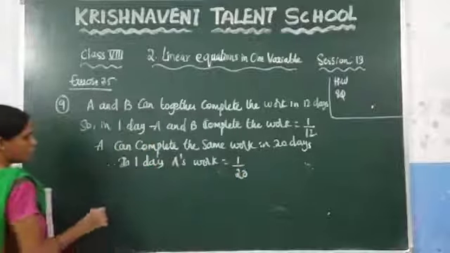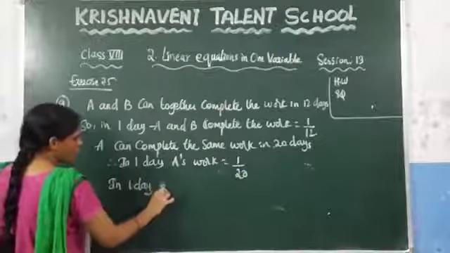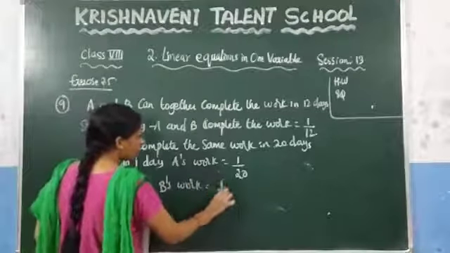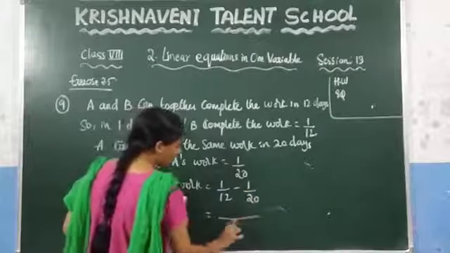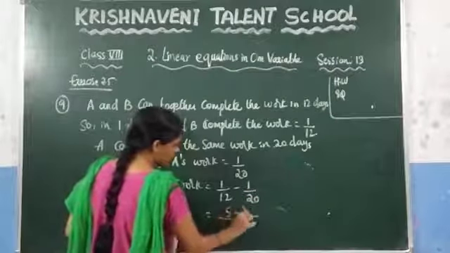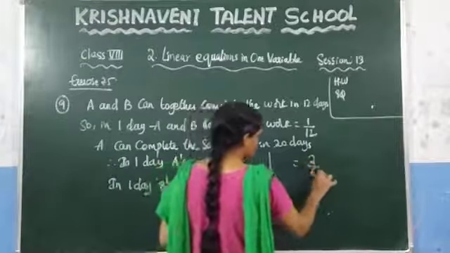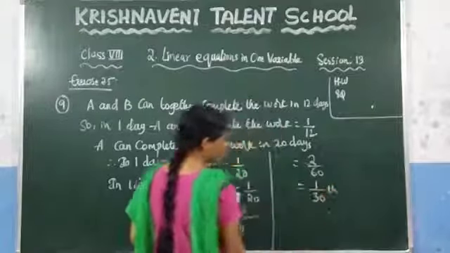Now calculate here in 1 day. If you want to calculate it, you need to take the subtraction of these two values. Just now we have calculated the LCM, and we got it as this one. So here you got 2 by 60, which gives you 1 by 30. This much of the work A can do.